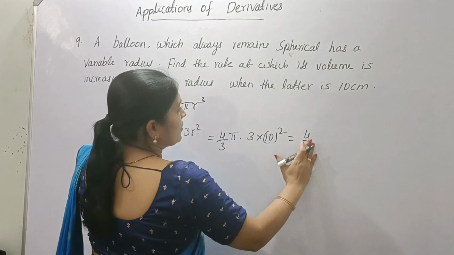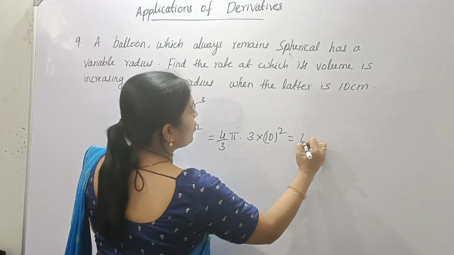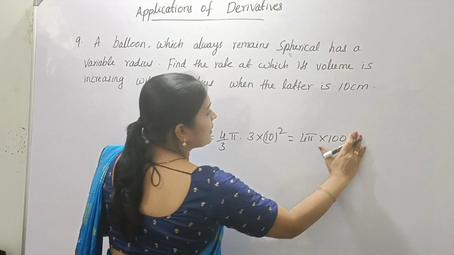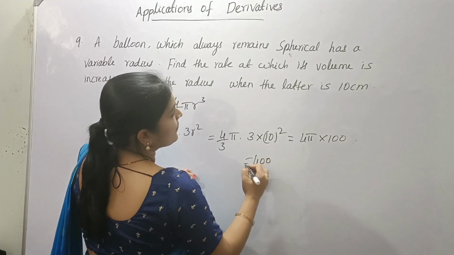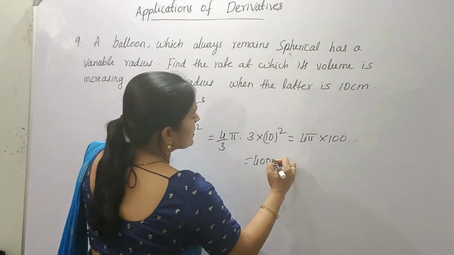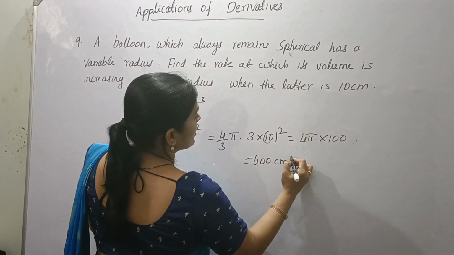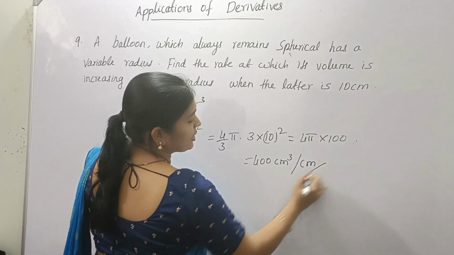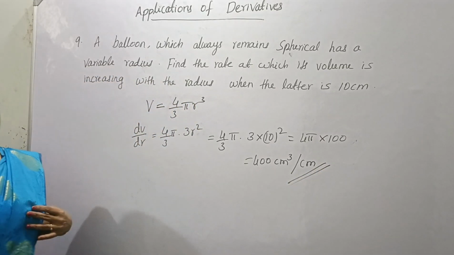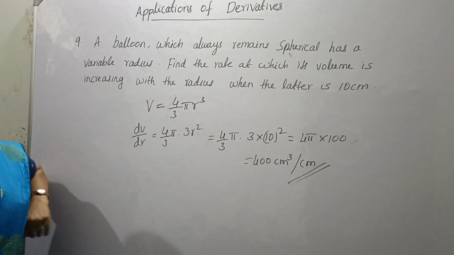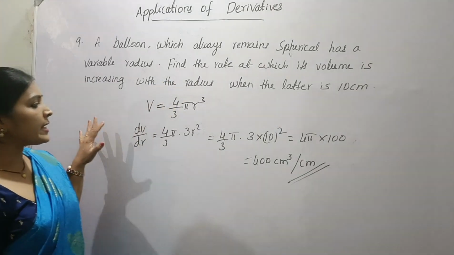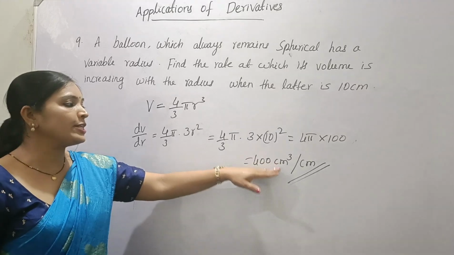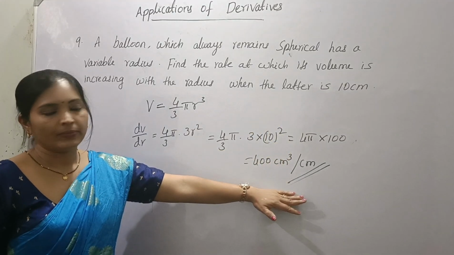So 4 by 3 cancelled, so 4 pi into 100, that is 400 pi, in volume, centimeter cube per radius, so per centimeter. 400 pi centimeter cube per centimeter. So how is the volume increasing? The volume is increasing at the rate of 400 pi centimeter cube per centimeter.